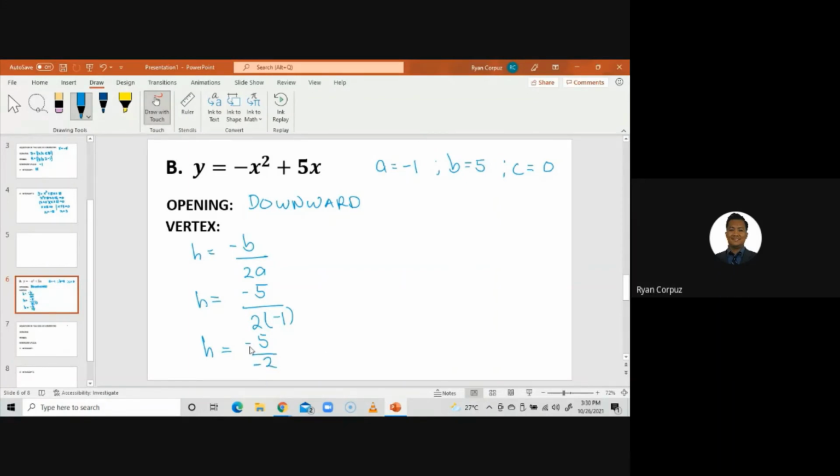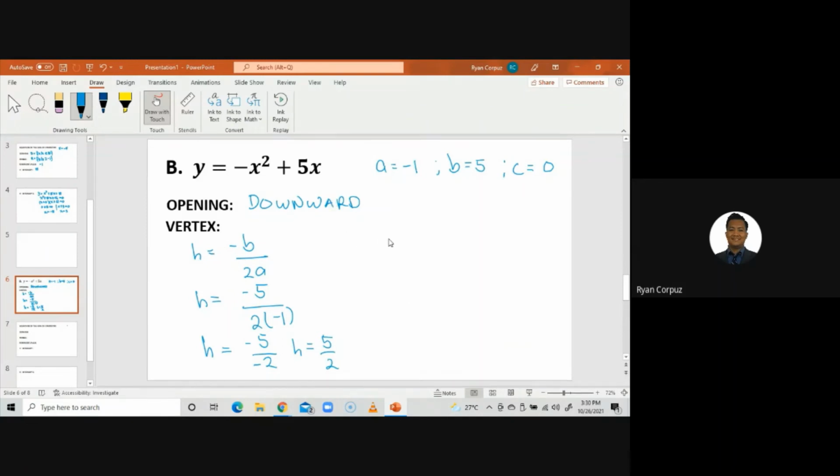So, we can simplify it since both of them are negative. Negative divided by negative is a positive. So, it will be H is equal to 5 over 2. So, pwede natin i-accept yan even though it's written in an improper form. As long as it's already the simplified form of it, enough na yon as the value of H.